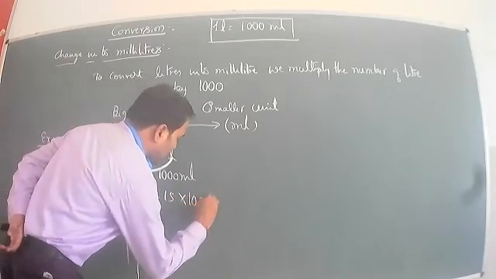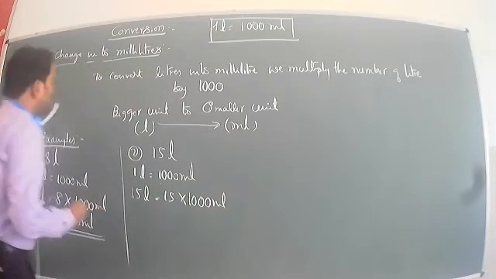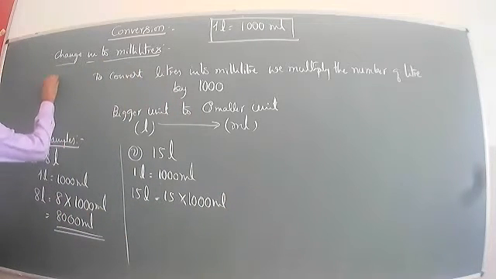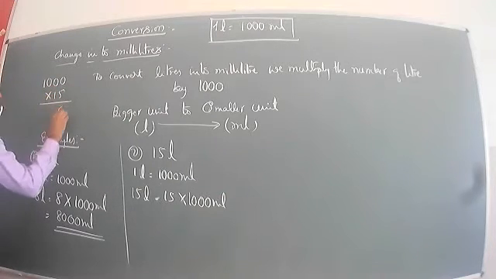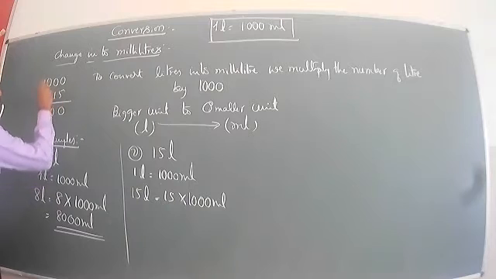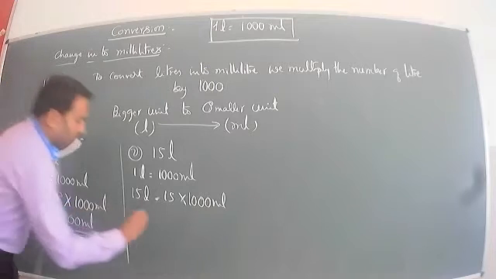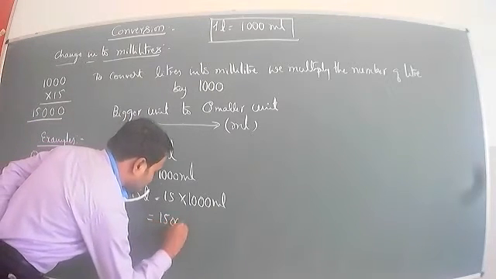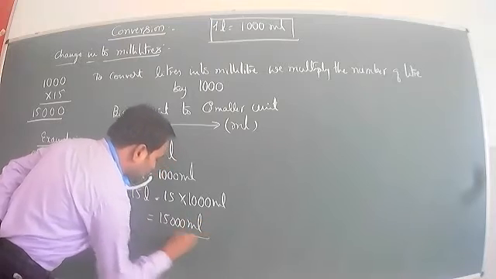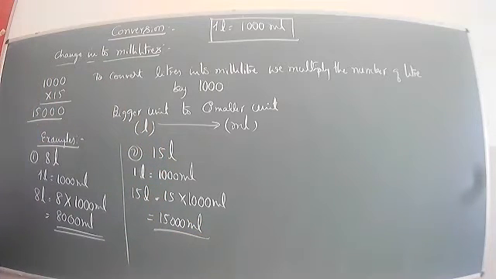We multiply both the numbers: 15 with three zeros. So what is your answer? 15,000 milliliter. So we should multiply. These are the questions.